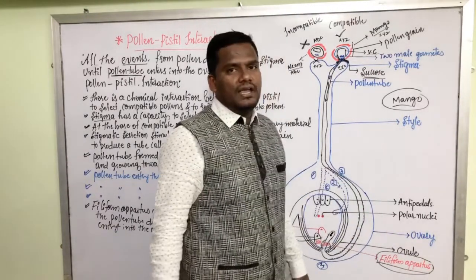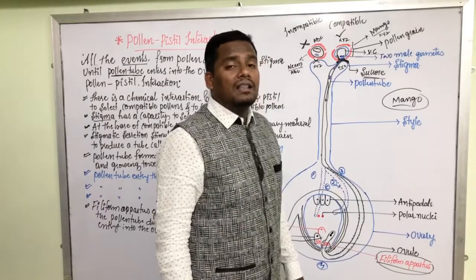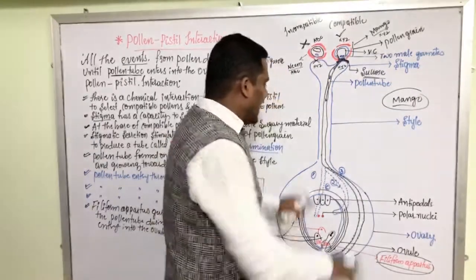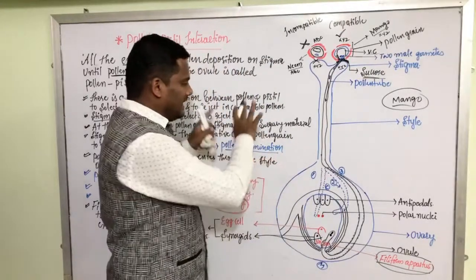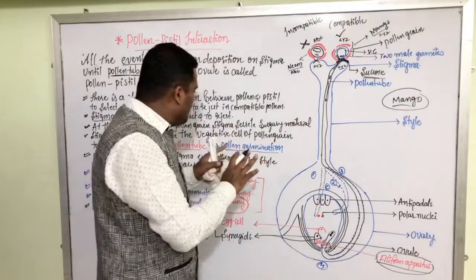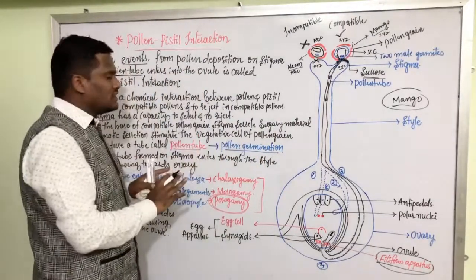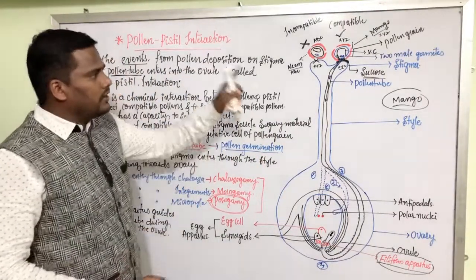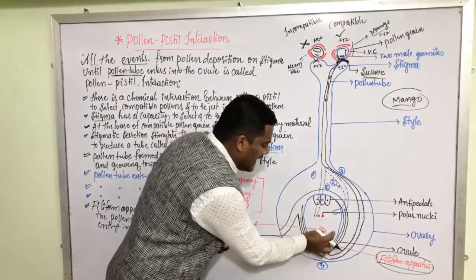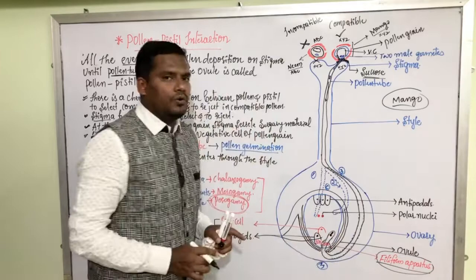That we are going to study in our next video under the heading of double fertilization process. I hope you people have understood this entire complicated process. I made it very simple for you. It's a very interesting process. In our next video, we're going to discuss what is going to happen next after the entry of this pollen tube into the ovule.